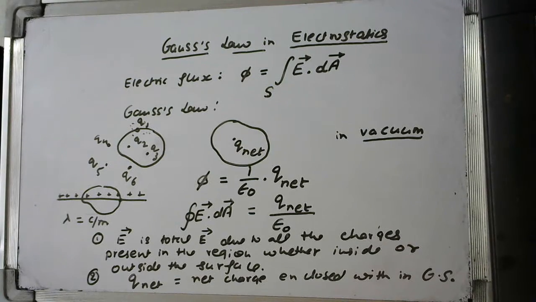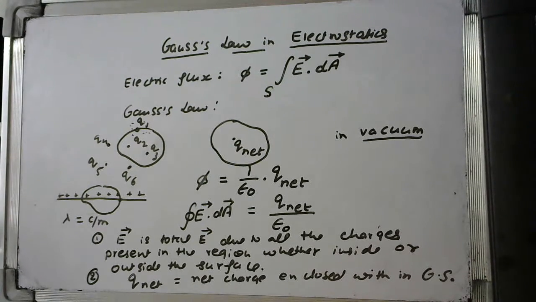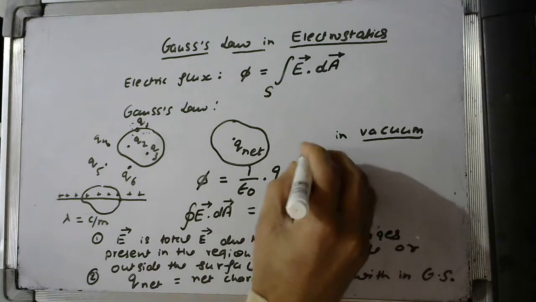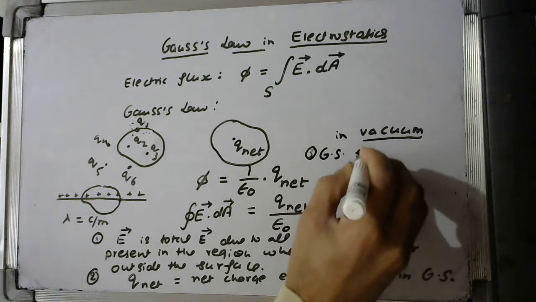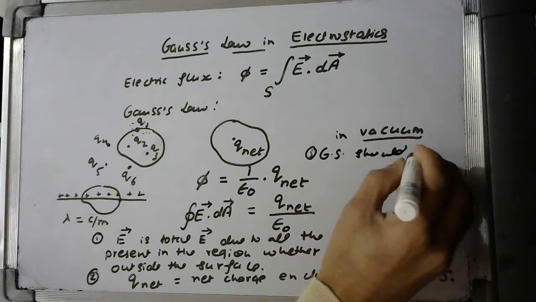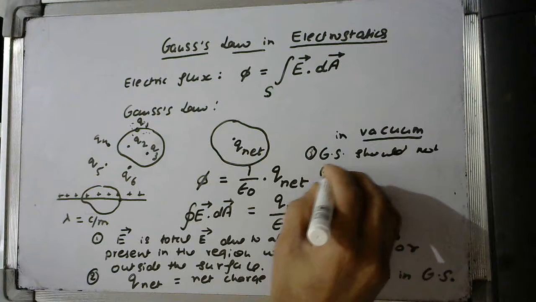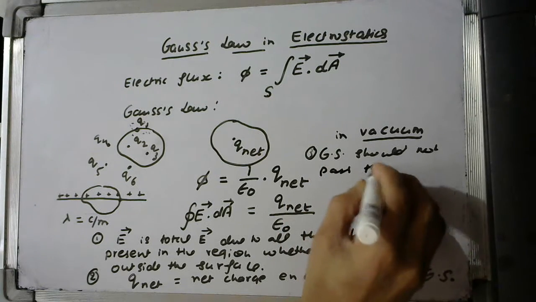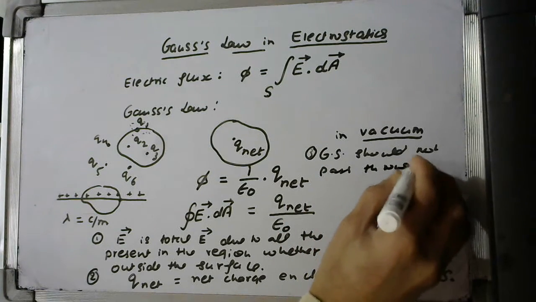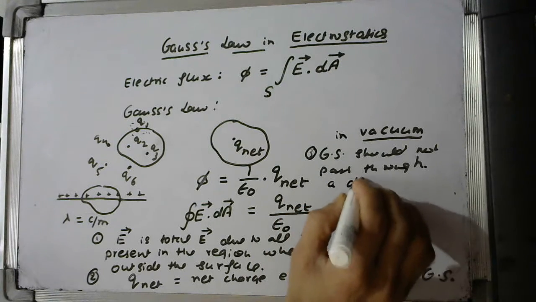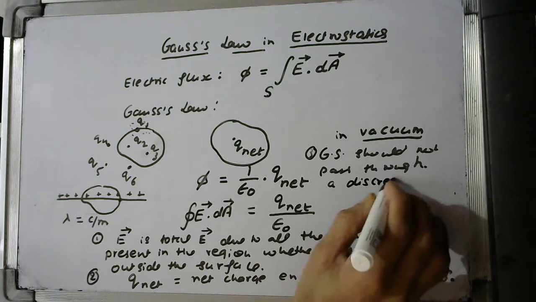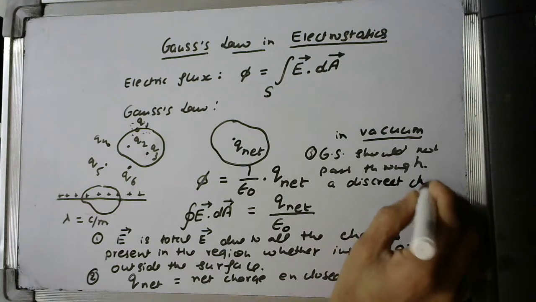So that is the third point to be kept in mind while applying Gauss's law: the surface should not pass through a discrete charge.